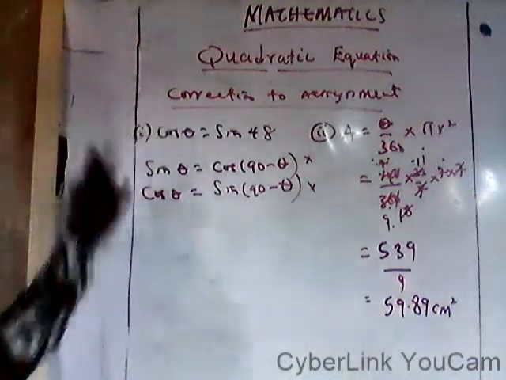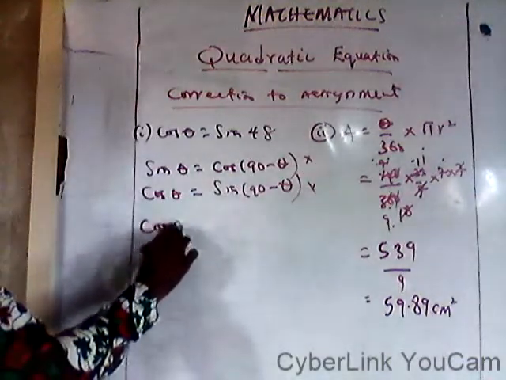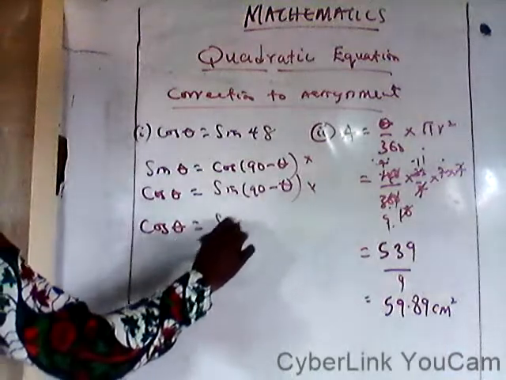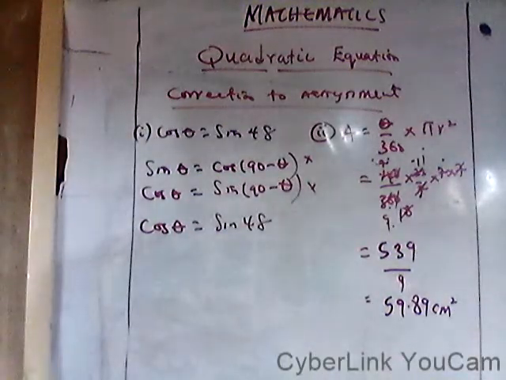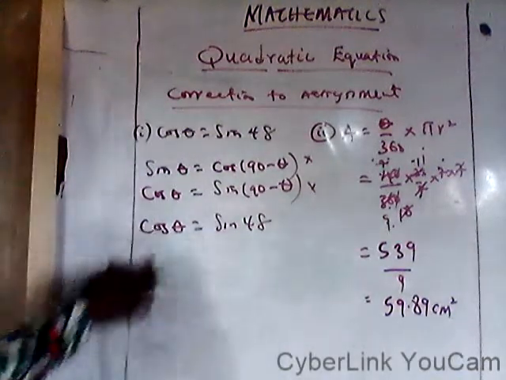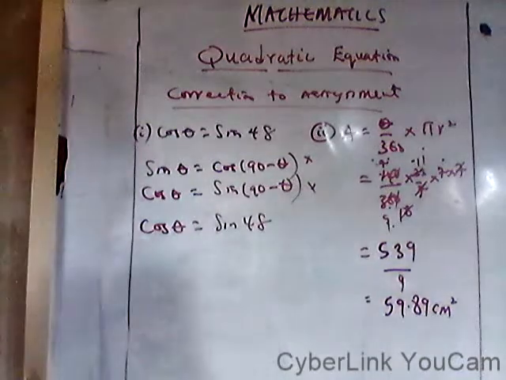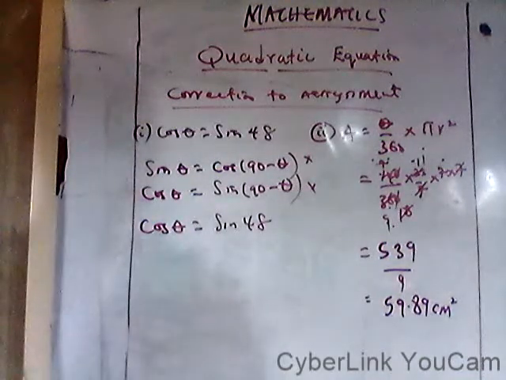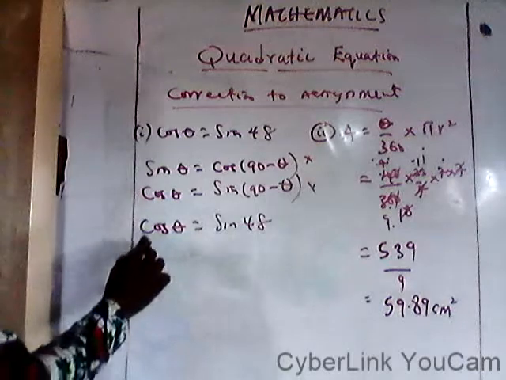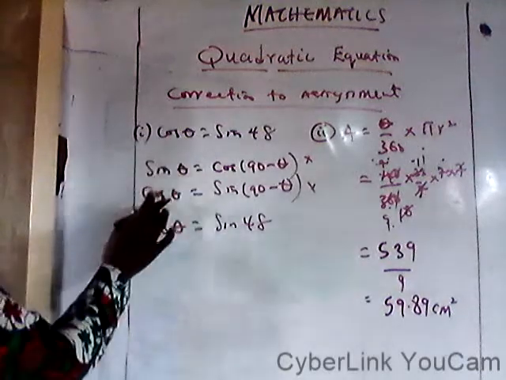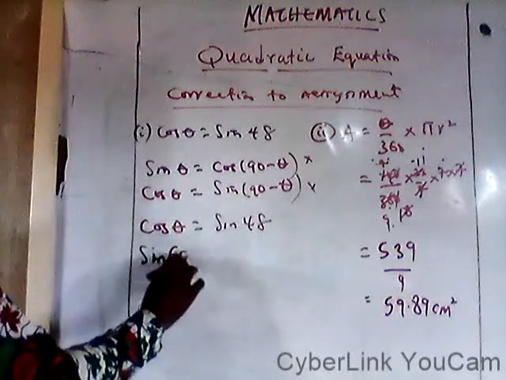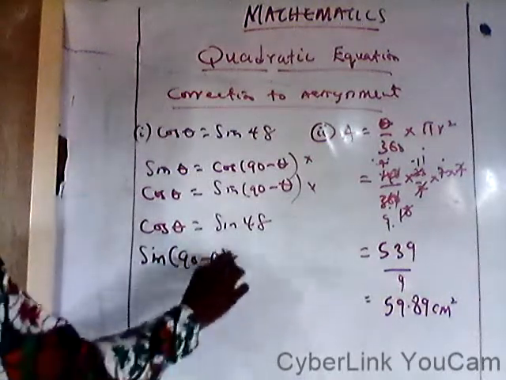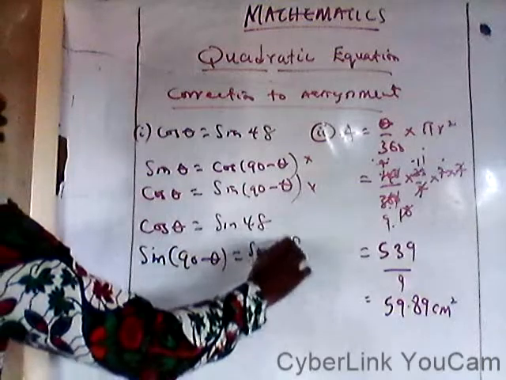So from that, now you have your cos theta to be sine 48. If you write your cos theta in the form of sine, that will be sine 90 minus theta, and that equals sine 48.